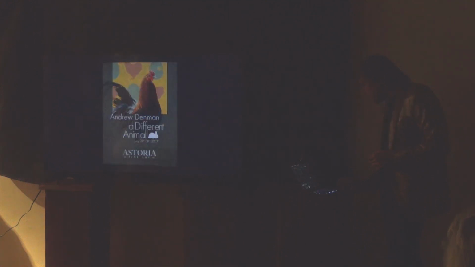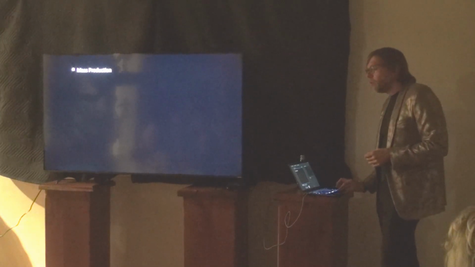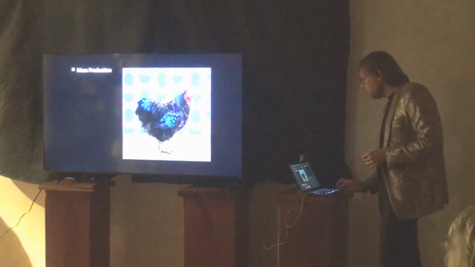And that's really what inspired the series of paintings that you see on the walls here, the pattern series. The first time I really pursued this was in a show at my Jackson Hole Gallery in 2017 called A Different Animal. What I wanted to explore was animals from the standpoint of mass production.